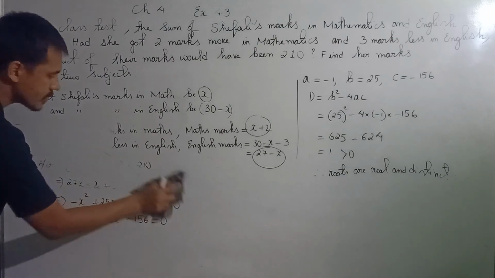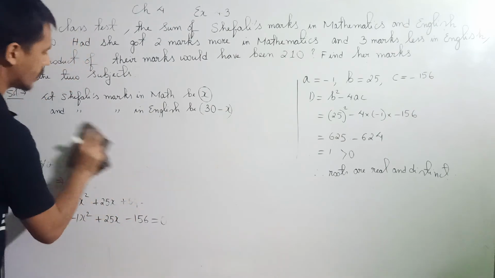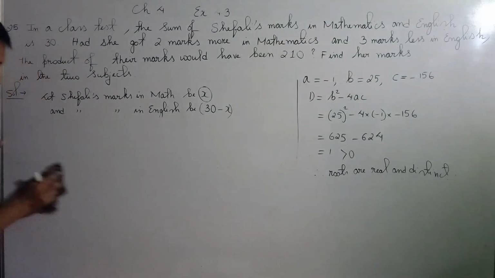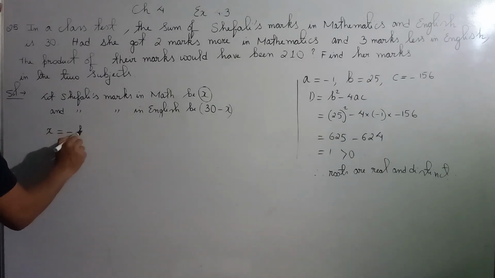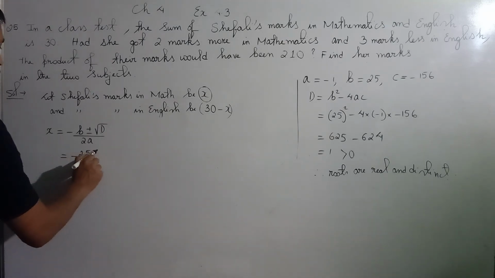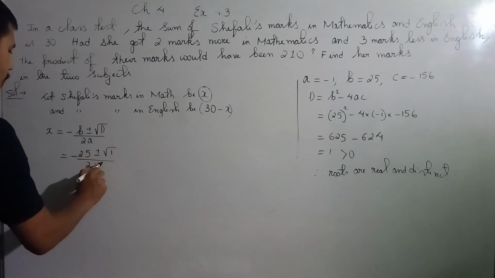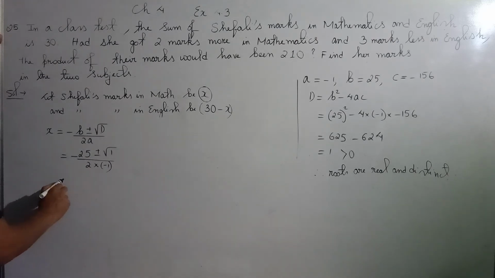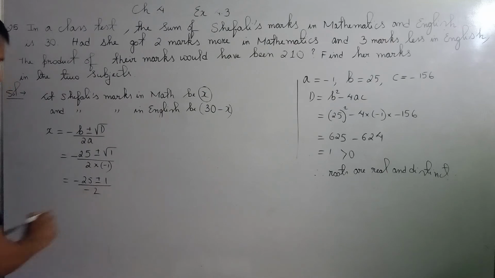So I'm going to rub this out once, okay? Because I need some more space for applying the quadratic formula. So x is given by the formula minus b plus minus square root of d upon 2a. From the formula, your b is 25, so minus 25 plus minus square root of 1 upon 2 into your a, which is minus 1. Minus 25 plus minus square root of 1, which is 1, upon minus 2.